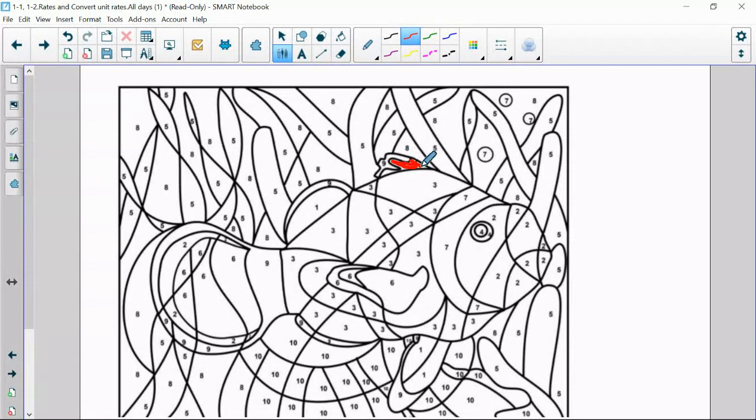You might have to zoom in with your cami to fill it in. Okay. So then we have a red here. And we got some reds down here to color in. Let's see. Any others? I see some 2s. I think that is all the ones I see.